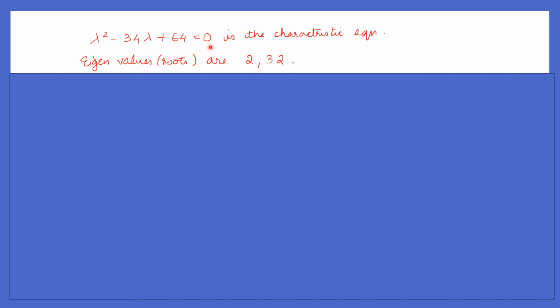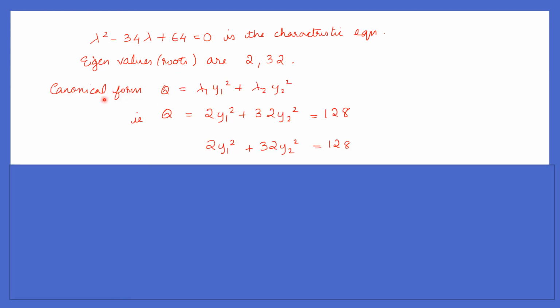The roots of this quadratic equation are 2 and 32. So 2 and 32 are the eigenvalues of this characteristic equation. Now we have to write down the canonical form. Canonical form can be expressed as Q is equal to lambda 1 y1 square plus lambda 2 y2 square. Here lambda 1 equal to 2 and lambda 2 equal to 32.